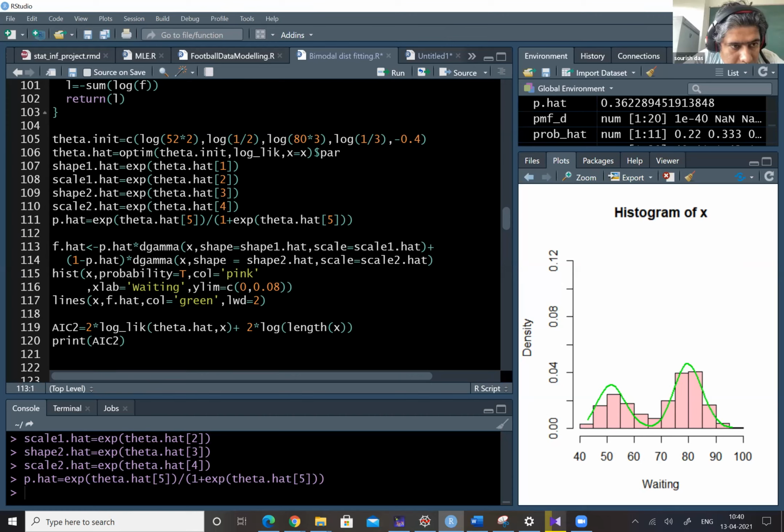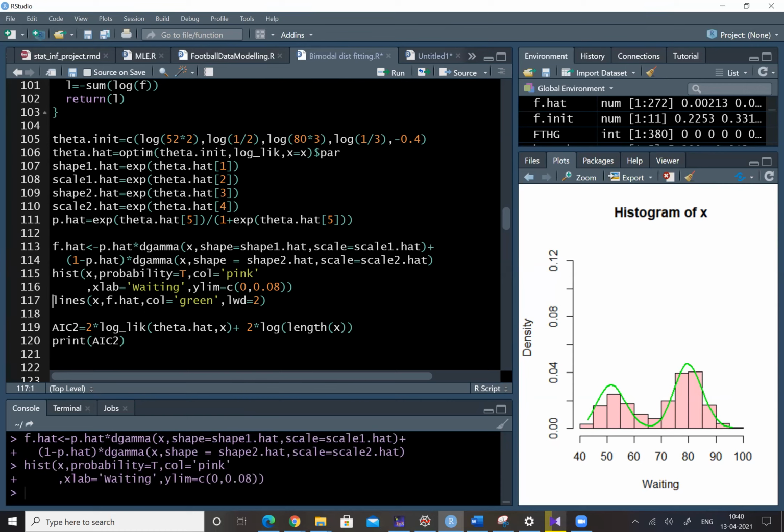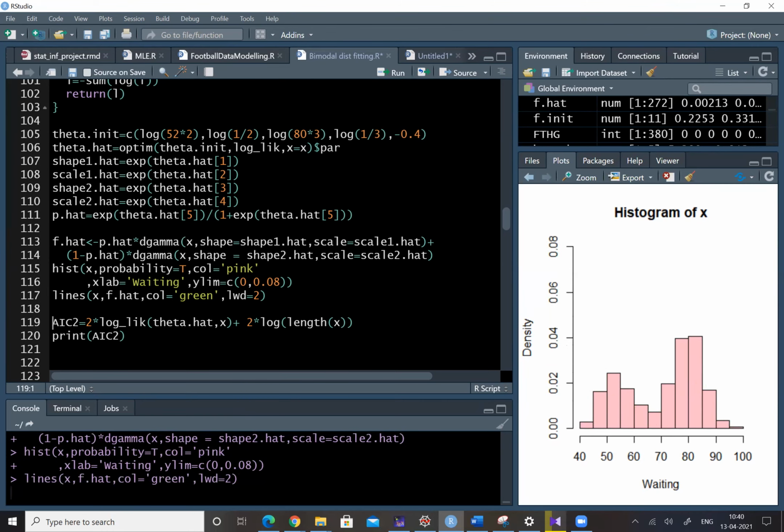So I'll plot the histogram again just to make it clear, and now the lines should give me the fitted value. This is what the fit looks like.